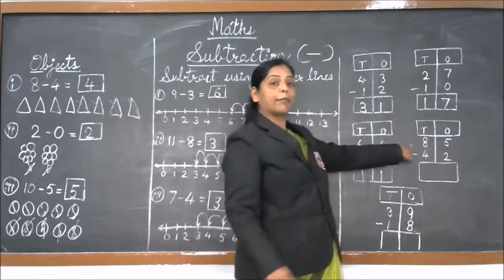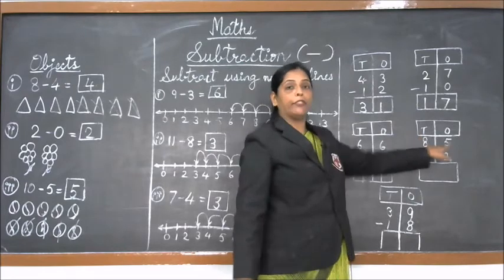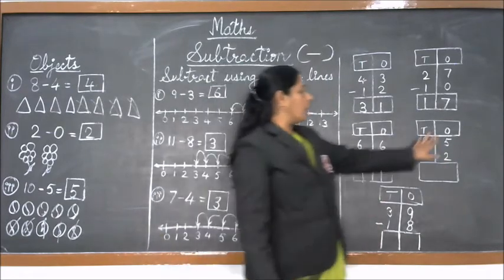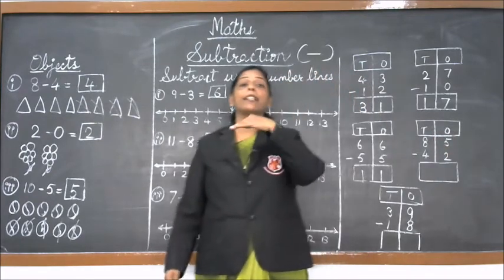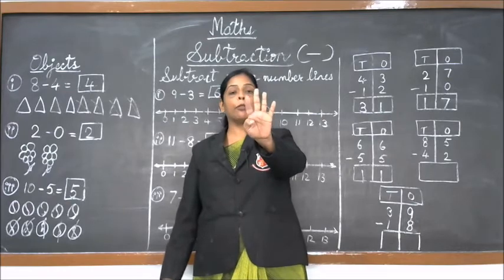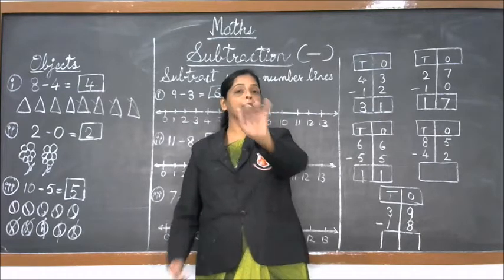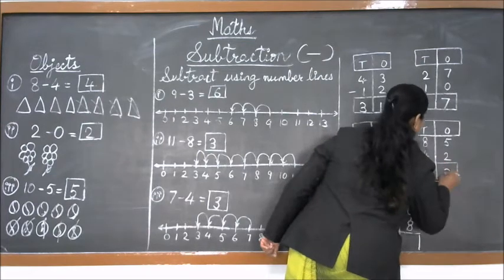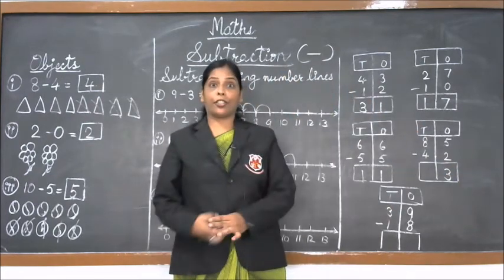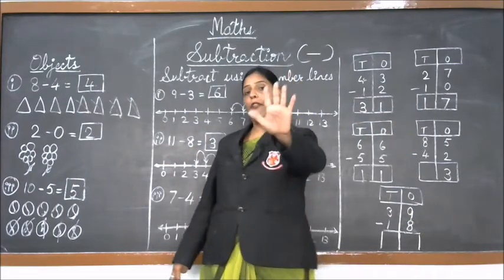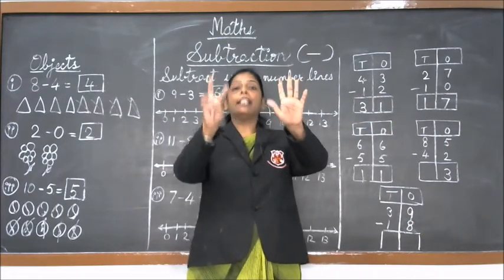Now look at this sum, beta: 85 minus 42. 85 minus 42. In the ones place, it is 5 minus 2. These are my 5 fingers and I have to remove 2 out of it, and the answer I am getting is 3. So I will write here 3. Now 8. Now it's a big number. 8 numbers are there. 5, 6, 7, 8.